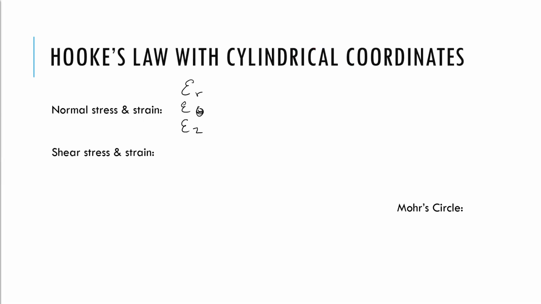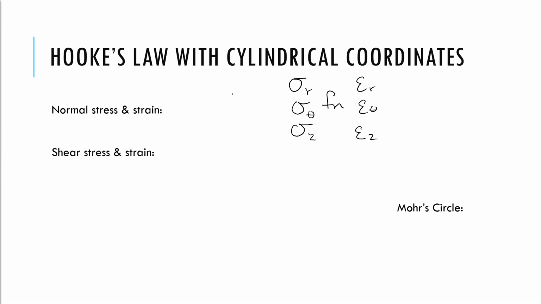So like X, Y, Z maps to R, theta, Z. So these are all functions of sigma r, sigma theta, and sigma z. I think I said that backwards. Well, these are functions of strain.